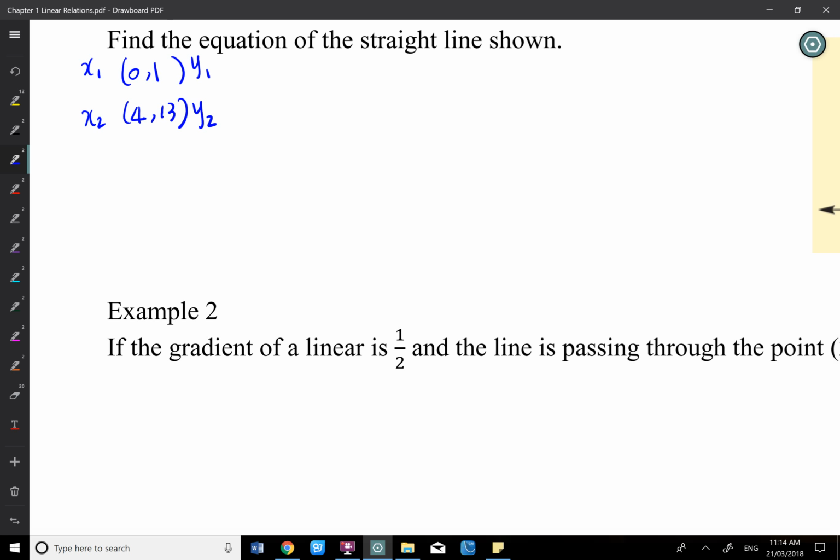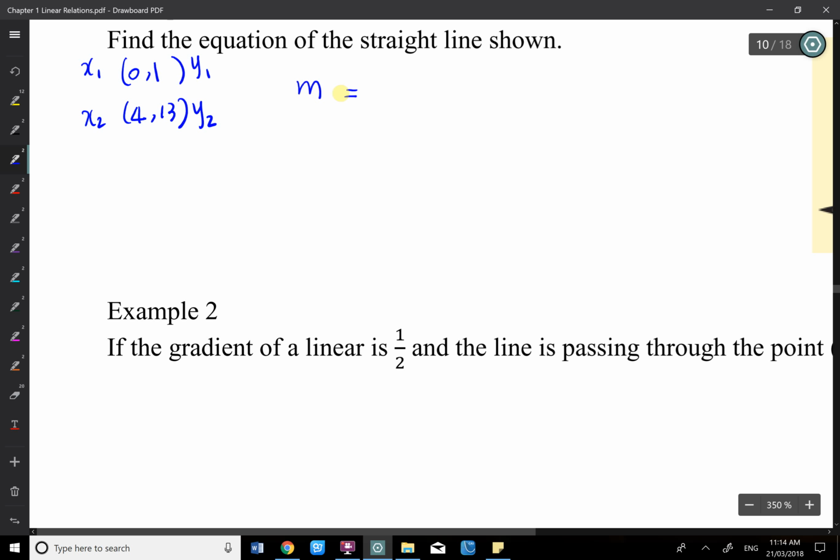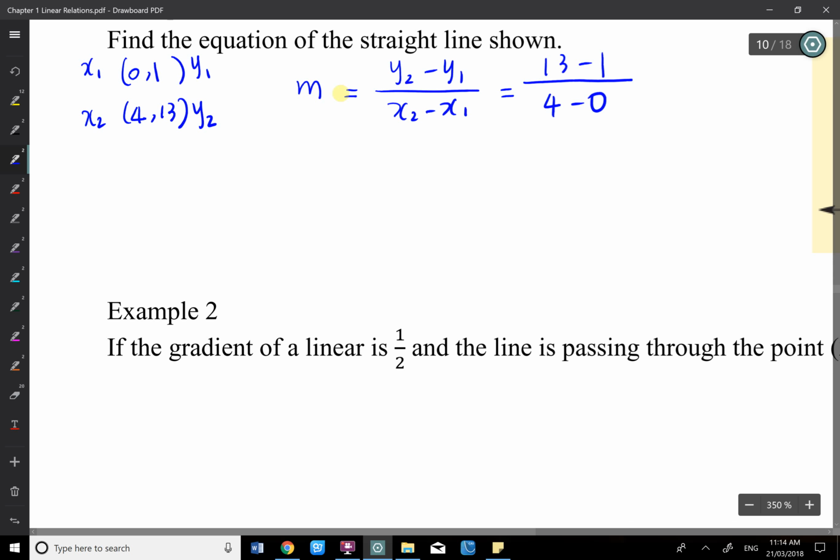So you choose one point to label as x1, y1, and another one as x2, y2. So the gradient equals y2 minus y1 over x2 minus x1. That gives me 13 minus 1 over 4 minus 0. That gives me 12 over 4, which equals 3.